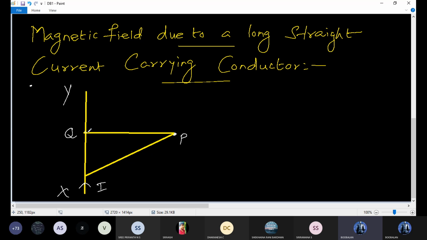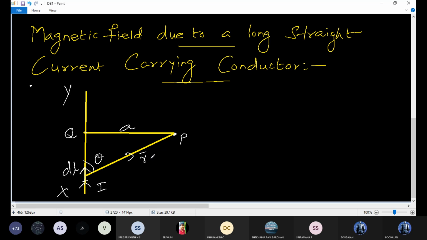Now, from the conductor to the point, the distance is small a. I will take one small portion of the current element, this is dl, the current element dl. In this point it makes angle theta. The position vector is r vector.